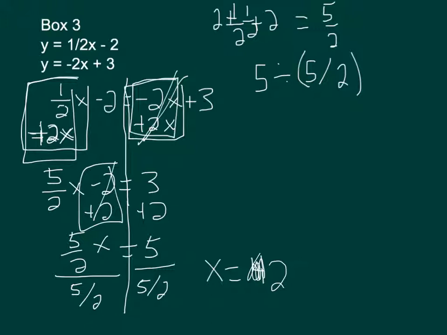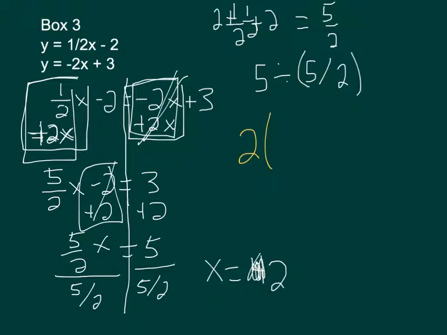Alright, now we're going to take this 2 and we can plug it into either equation. Now I'm going to pick the second equation because it doesn't have a fraction. So I'll use this one and that will give me y. You can also use the top one if you want. You'll get the same exact answer. So I'm going to do negative 2 times, now I'm going to take this number right here, and this is what I'm putting in for my x.